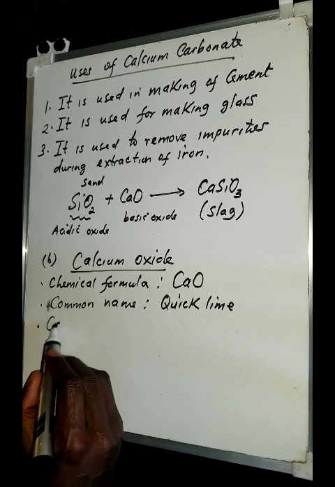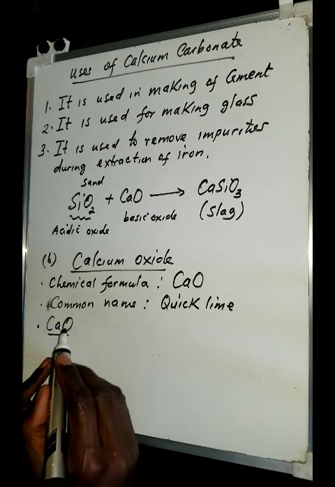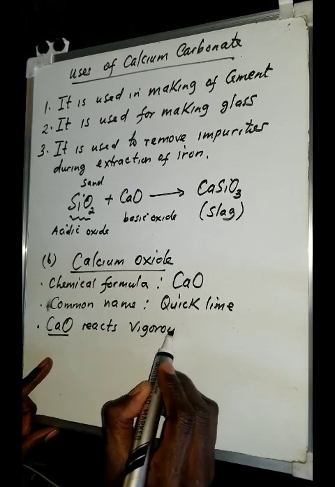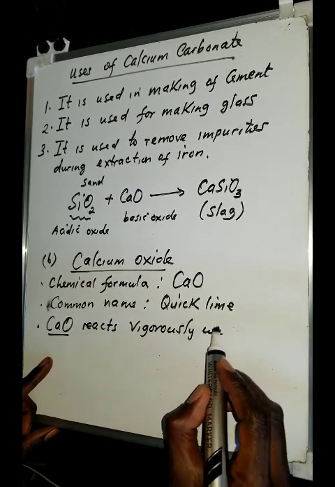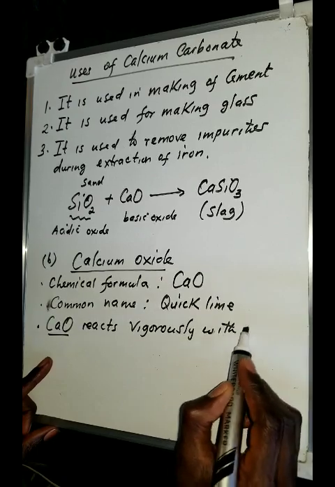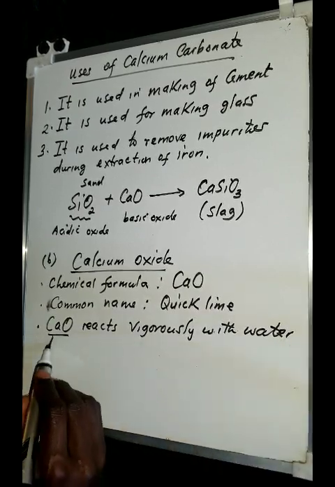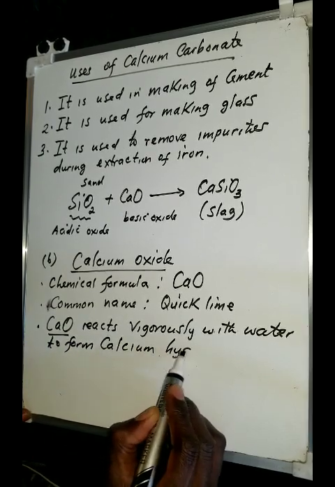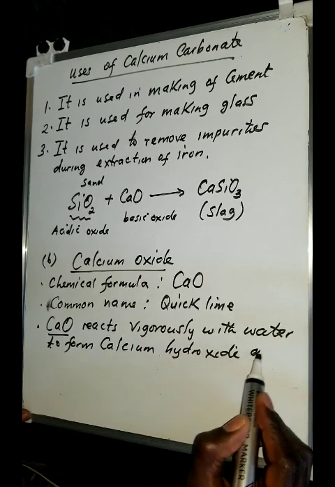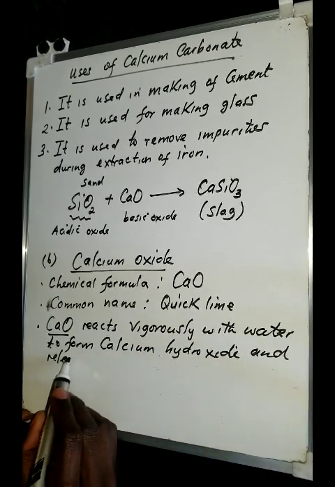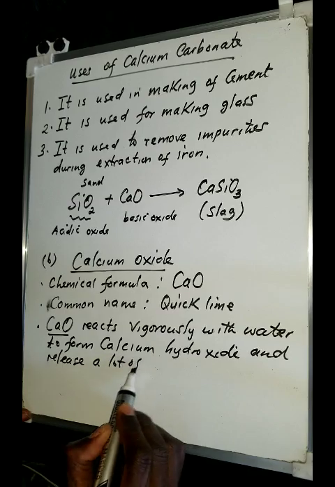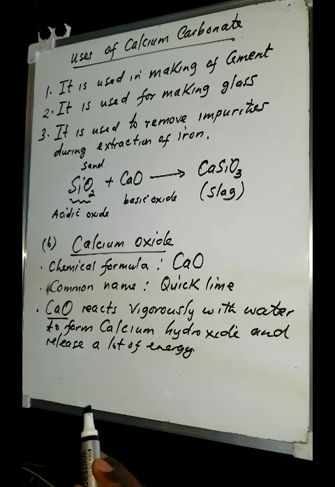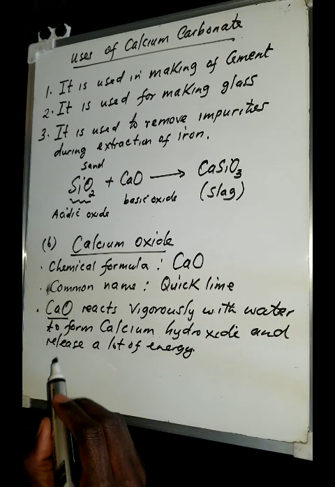So I can say that calcium oxide reacts vigorously with water to form calcium hydroxide and release a lot of energy. Because it releases a lot of energy, we can simply say it's an exothermic reaction.